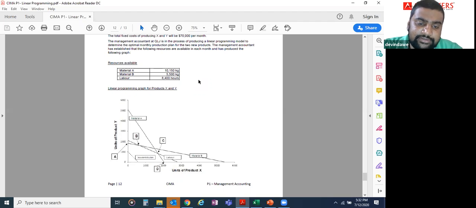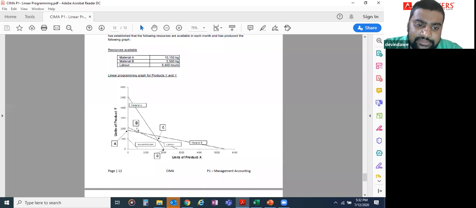Any questions? Right. So they have given the graph and points A, B, C, D. Those are the points of the ISO contribution line. They haven't marked 0. Ideally, they should mark 0 also, so it should be A, B, C, D, E. But that's fine. Let's go with A, B, C, D. So one of these points will be the optimum production point, right?